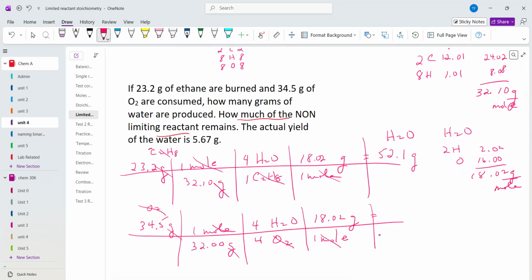Made everything backwards. Sorry. Okay, so we're going to compare now 52 to 19. So which is limiting the product, oxygen or ethane? Which number is smaller? Oxygen. So that's the one limiting the reaction.